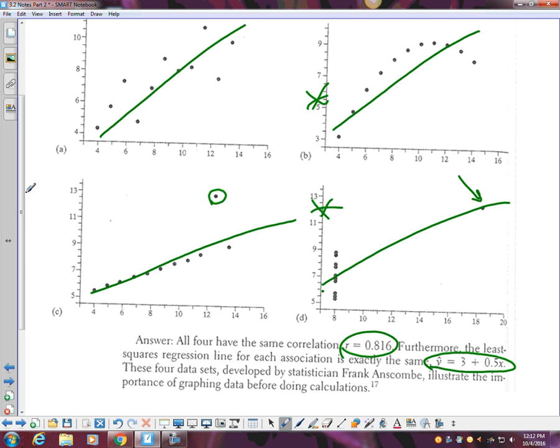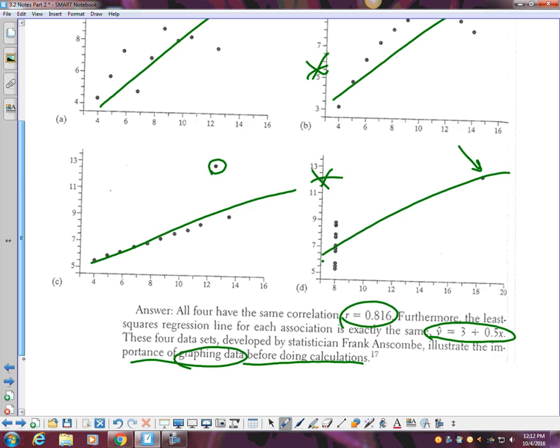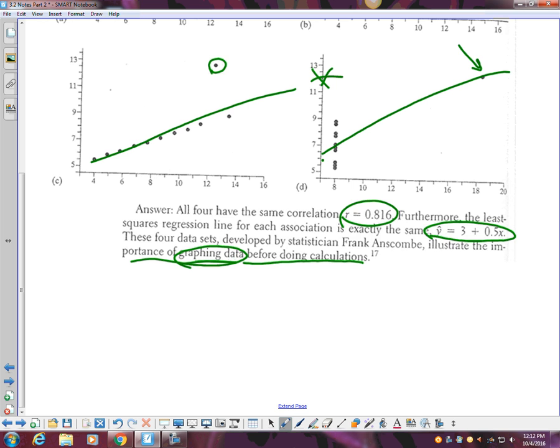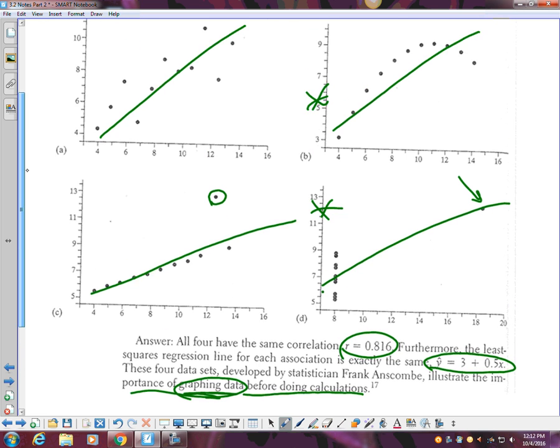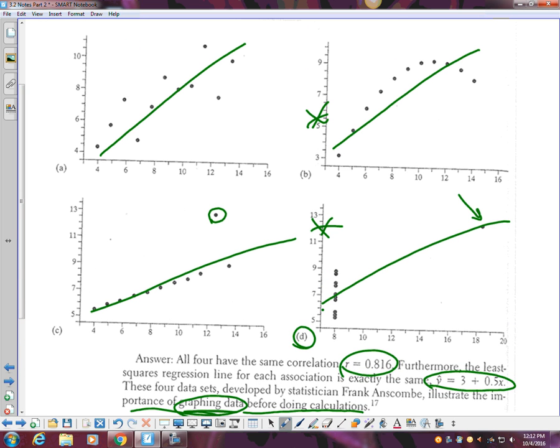This illustrates the importance of graphing data before doing your calculations. Now I'm going to take that one step farther. Not just graphing your data, because if I put D or B into L1, L2, and I don't ever look at my data, I'm going to get a pretty solid R and a prediction equation.